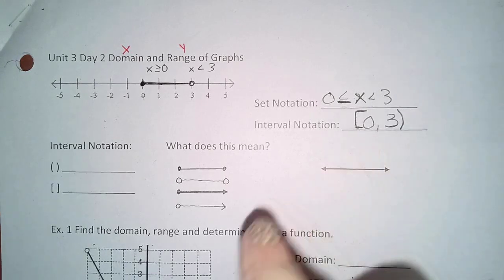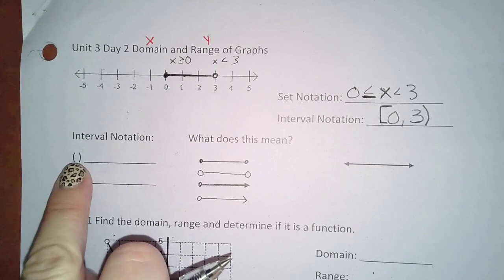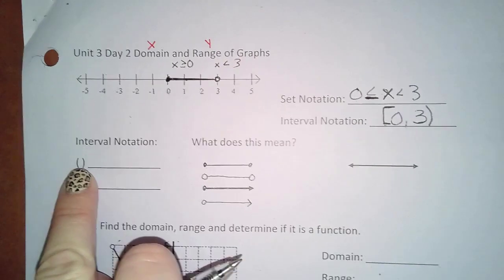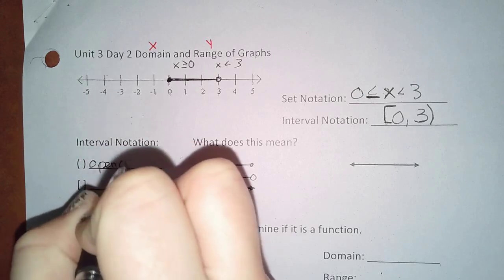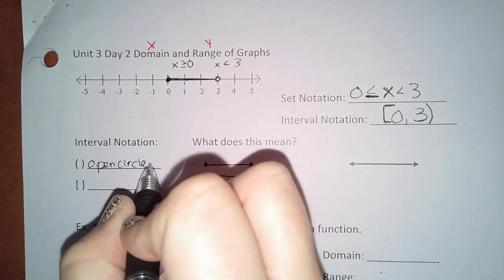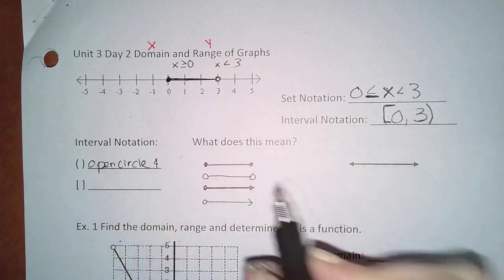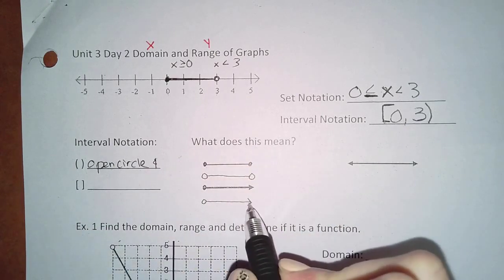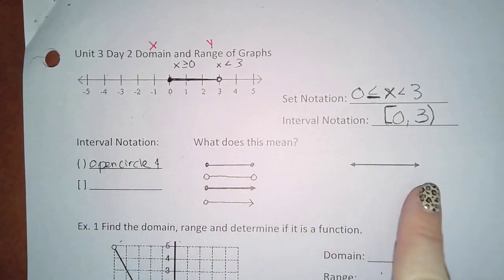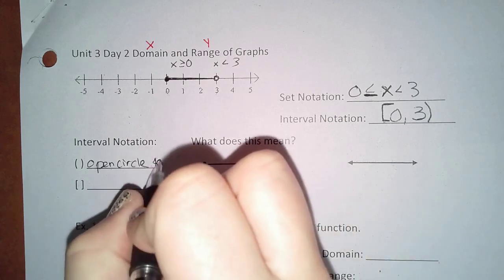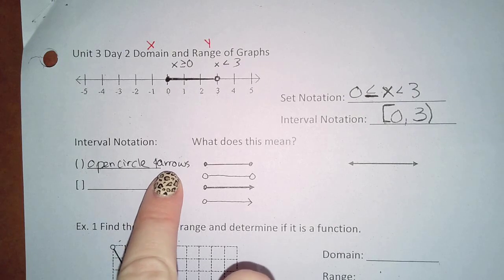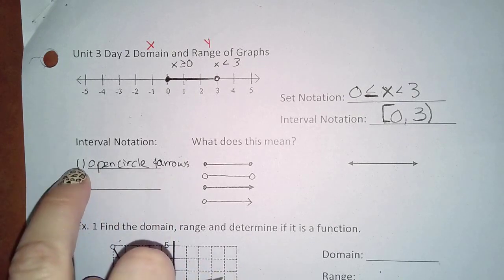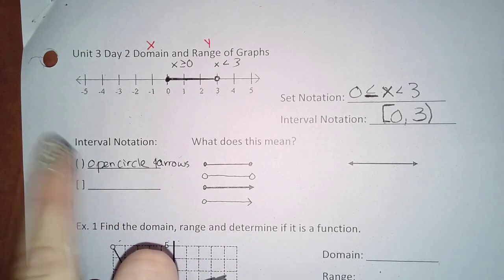So interval notation has these differences. Sometimes I use parentheses. That's when I have these open circles, or when I have arrows on my lines, because these arrows tell it it's going on to infinity. Because I cannot define the largest number ever, I would use a parenthesis because I don't know what the biggest number is.